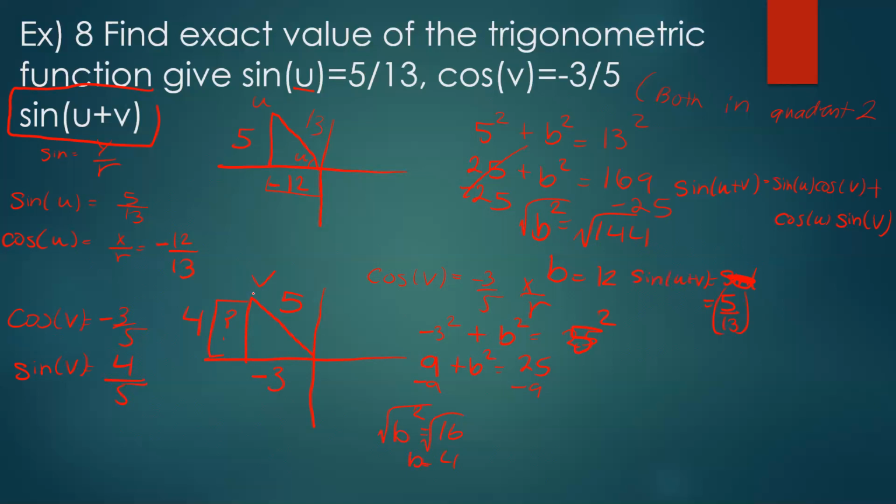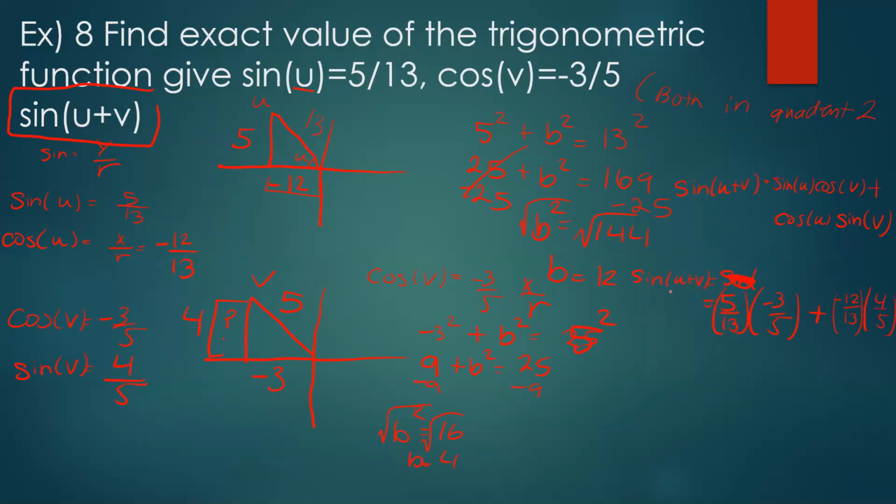So here's our v triangle. Cosine of v is -3/5, plus cosine of u, from the u triangle, cosine of that would be -12/13. And then times sine of v. So here's the v triangle, so sine of v is +4/5.